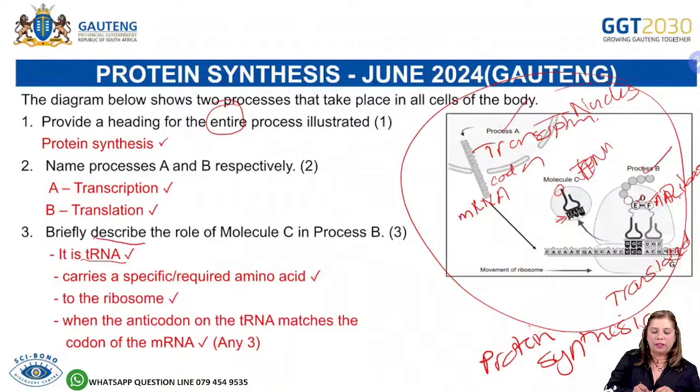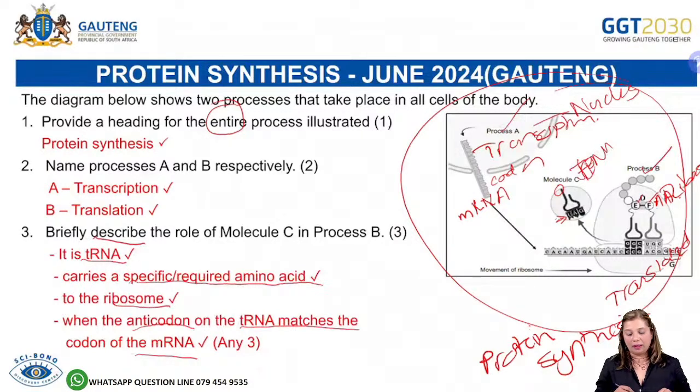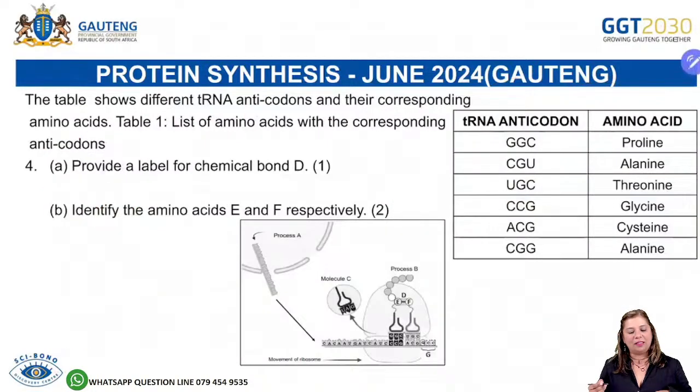And it is the transfer RNA. It carries a specific required amino acid to the ribosome when the anticodon of the transfer RNA matches the codon of the mRNA. So that is basically what we've explained. And it's just a matter of us putting our answer into the questions.